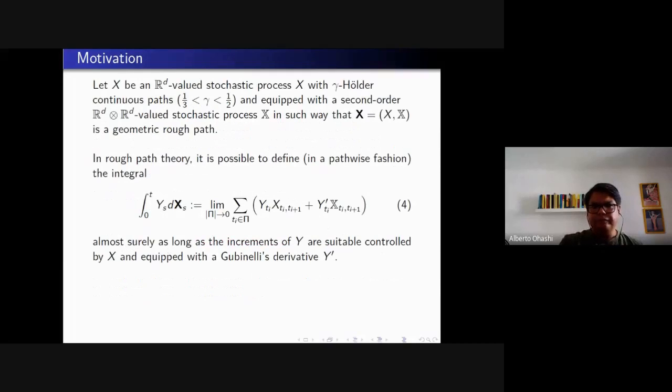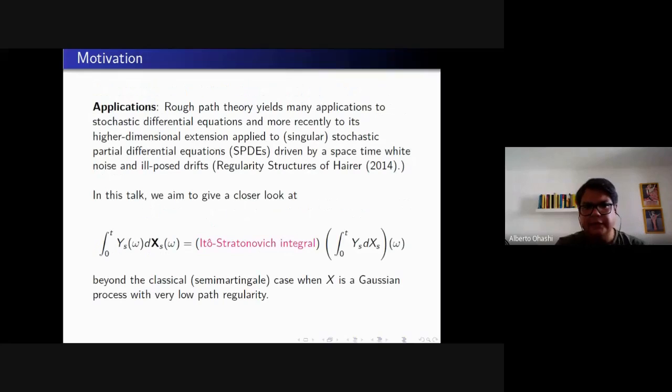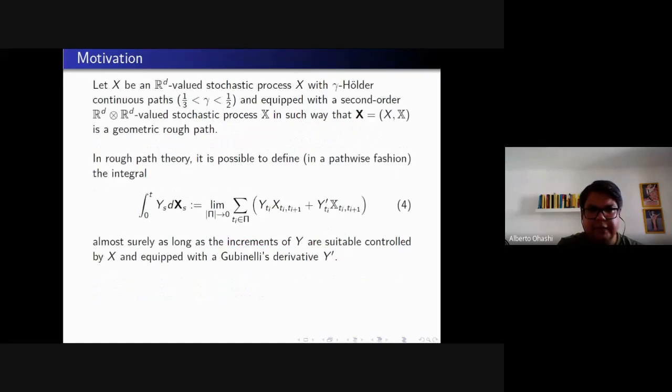Okay, based on these first words about rough paths, let me present precisely the question that I want to tackle in this talk. From now on, capital X is a stochastic process, in other words a random process, with this kind of regularity, gamma regularity between 1/3 and 1/2, together with the second order process that I just mentioned, in the sense that this couple is a geometric rough path.